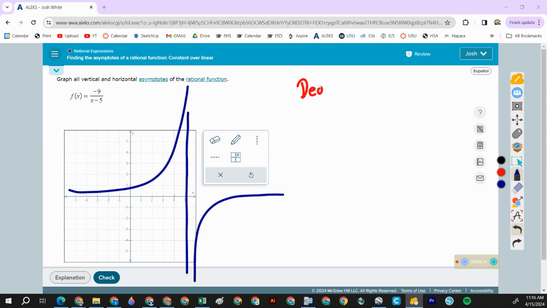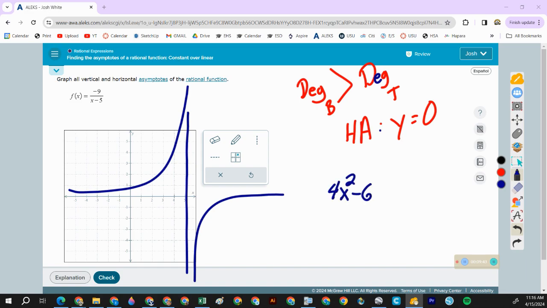If the degree of the bottom is larger than the degree of the top, then your horizontal asymptote is at y equals 0. Okay, so let's say we had 4x squared minus 6x plus 2 over 18x to the third minus 6x squared plus 2x minus 1.